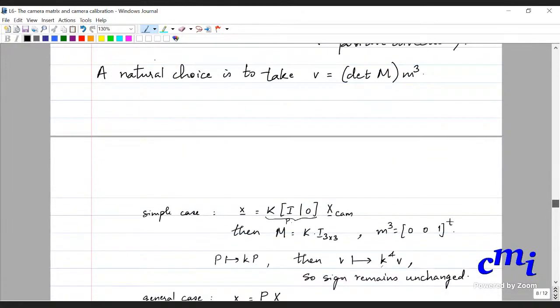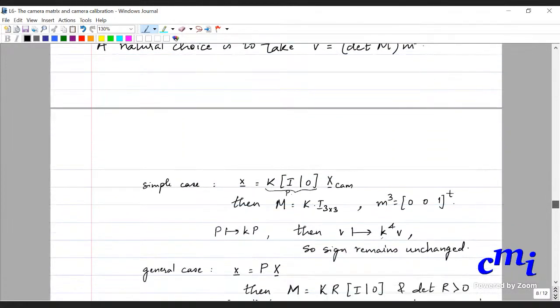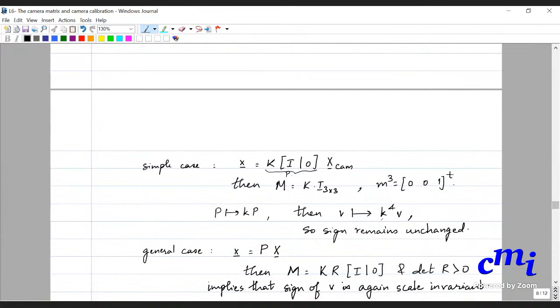You can observe that in two cases this choice makes sense. Suppose you have the simple case where you are just projecting from a point in the camera coordinates to the image. There is no rotation matrix here, so this part is missing. It's only K I 0.